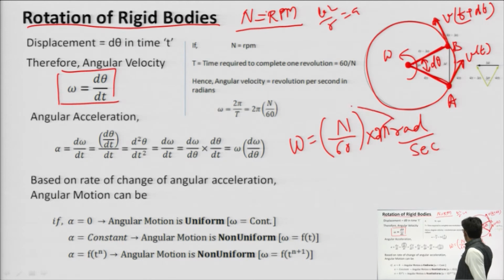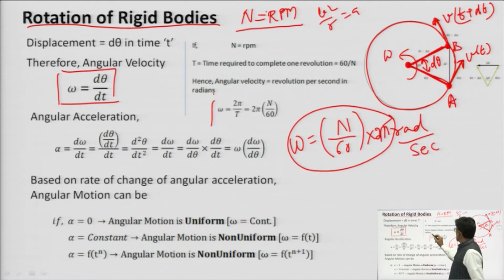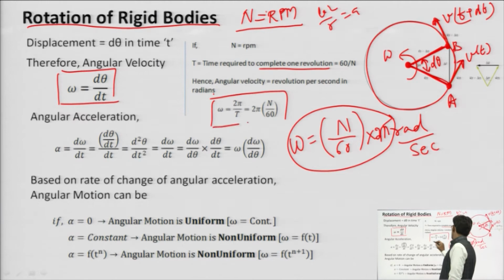So, omega is n by 60 into 2 pi, that is, omega is 2 pi n by 60. And if t is the time required to complete one revolution, its value will simply be 60 by n. So, we get this relation for angular velocity.